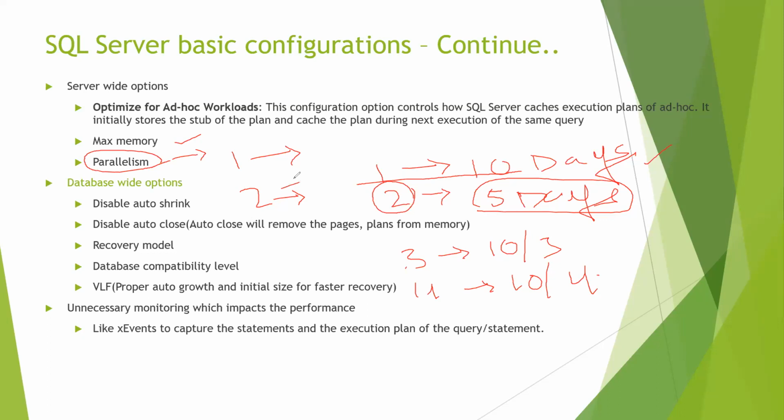If it is a house construction, one has to wait for the other to complete. The same thing, if this is slow, then the entire work will be slowed down.